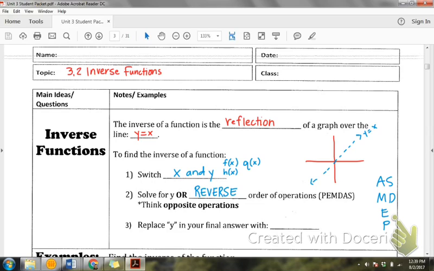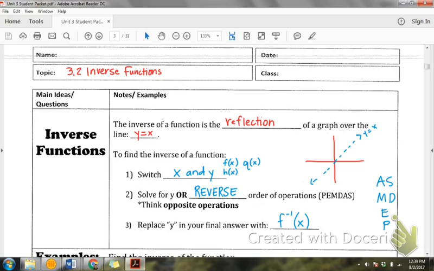So then when we finally get our answer, when we get y by itself, we're going to replace y with f inverse of x. So you see that I've made that little -1 exponent. That -1 exponent means inverse. And you have to write it on there as a label, because if not, then I don't know where that equation came from.